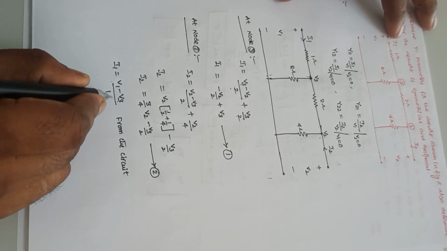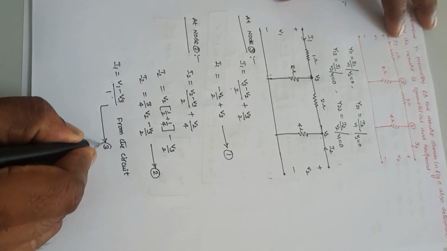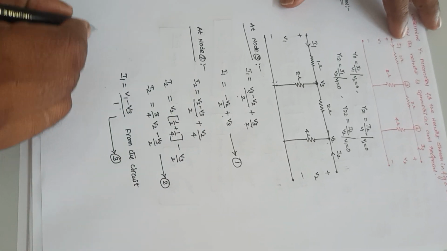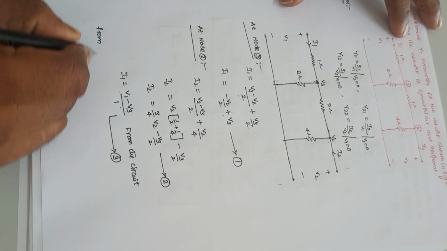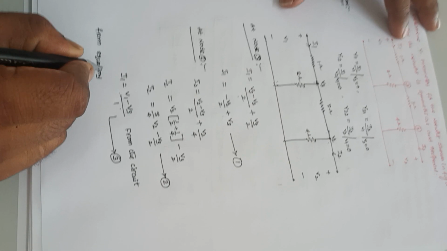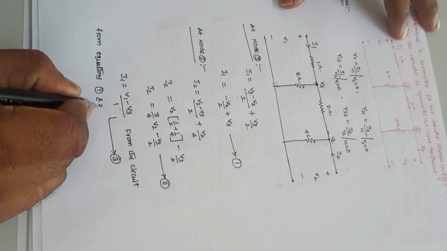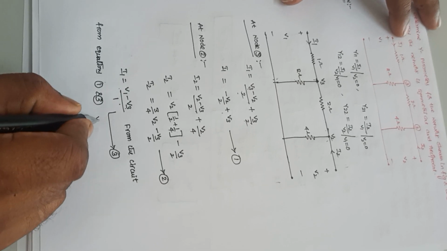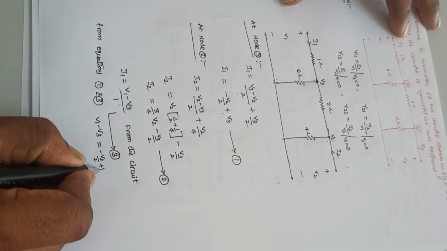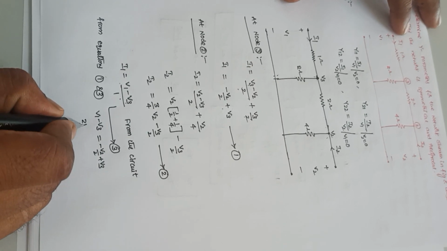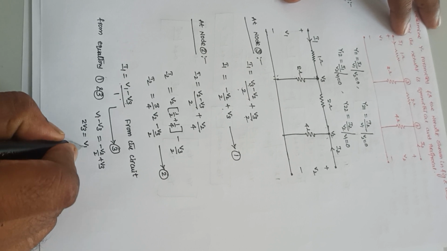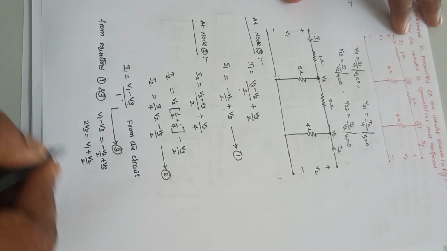If I substitute I1 equal to V1 minus V3 in equation 1, that means from equations 1 and 3, V1 minus V3 is equal to minus V2 by 2 plus V3. So 2V3 is equal to, if I bring this term to the left hand side, V1 plus V2 by 2.